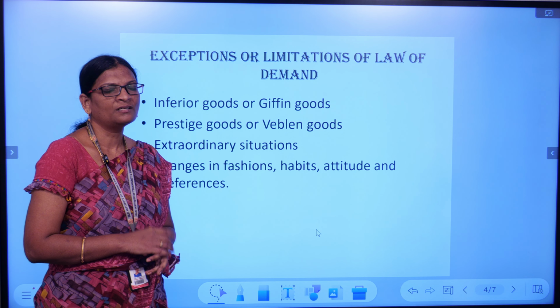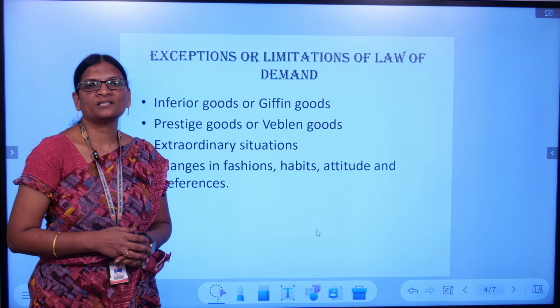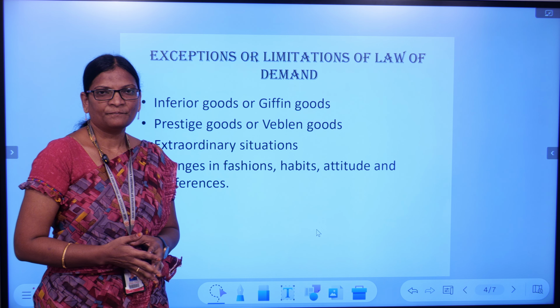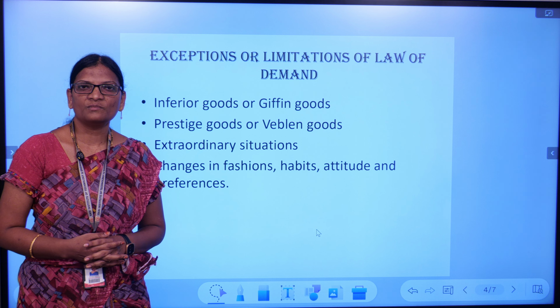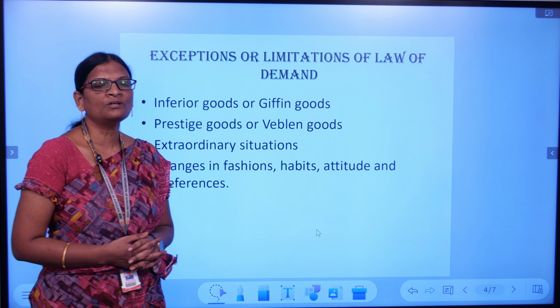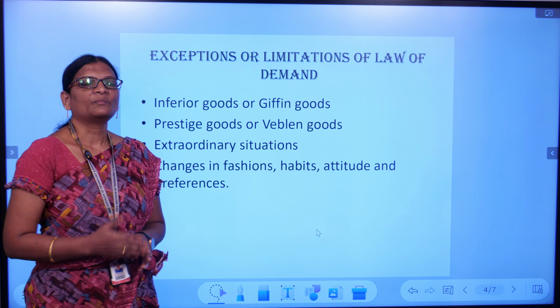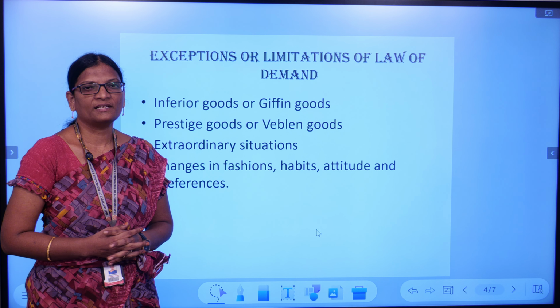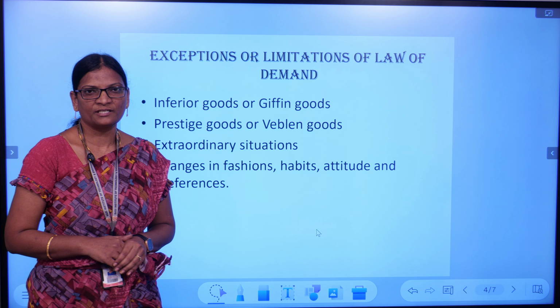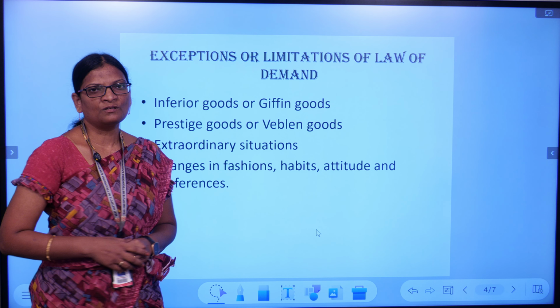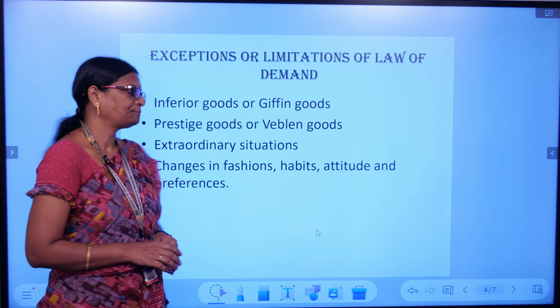Those goods come under prestigious goods: imported cars, imported bikes, jewelry. All those luxury goods come under prestigious goods. Even though they are costly, people may purchase those products. Here price increases, demand also increases. So it again shows a positive relationship. That's why in this case also law of demand may not be applicable.